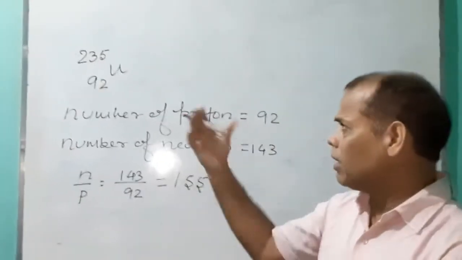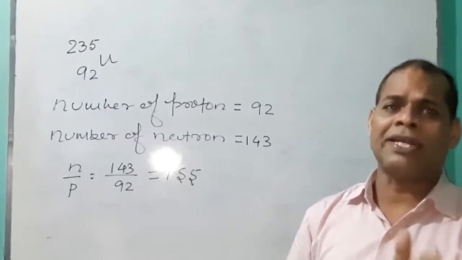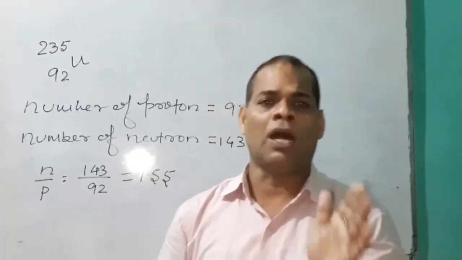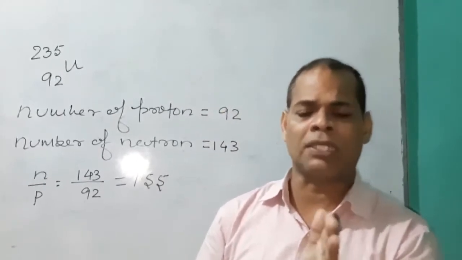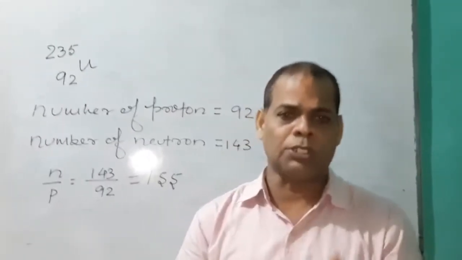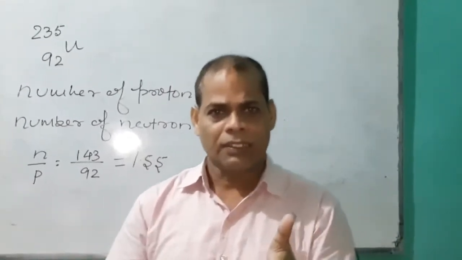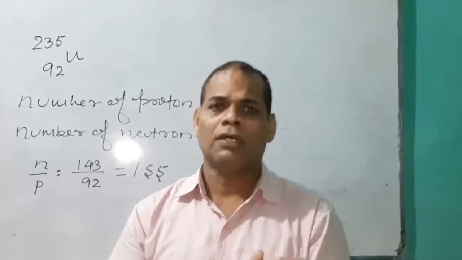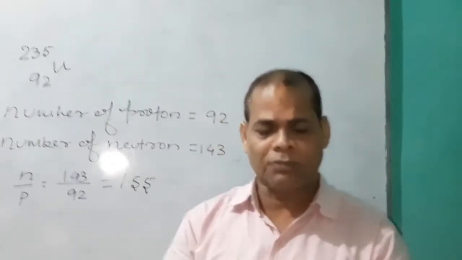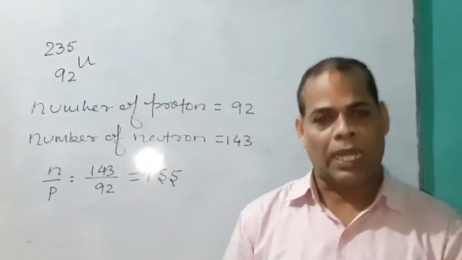So the uranium, polonium, thorium, actinium are radioactive elements, the sources of alpha particle, beta particle and gamma rays. Since Rutherford has taken alpha particle, that's why I have discussed with you this radioactive element.